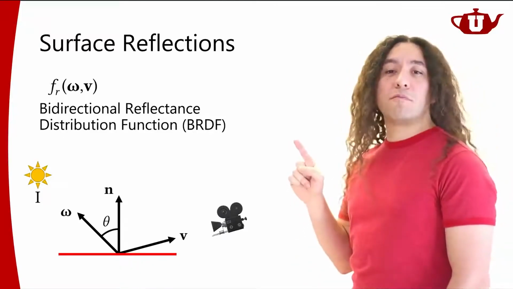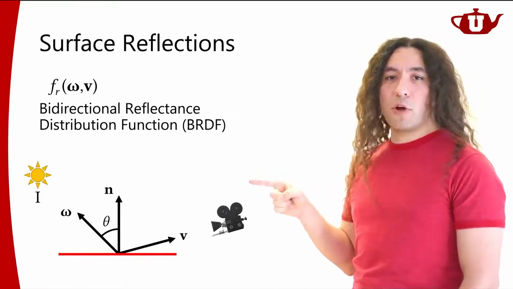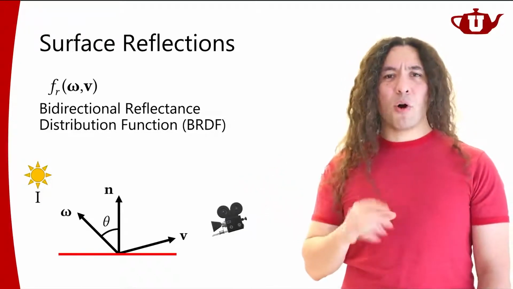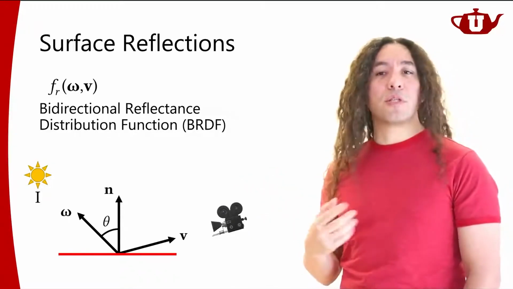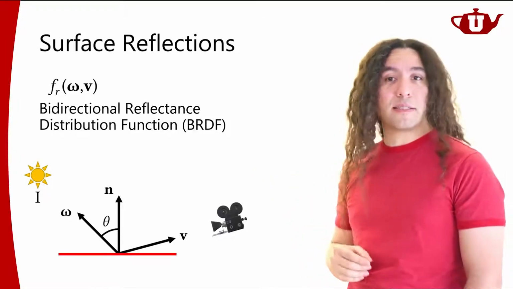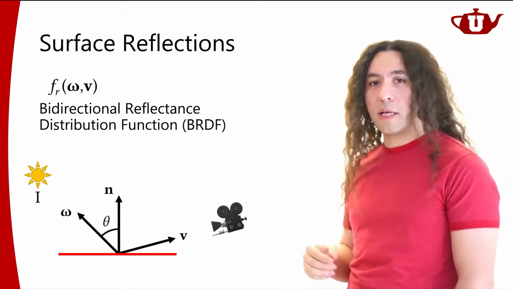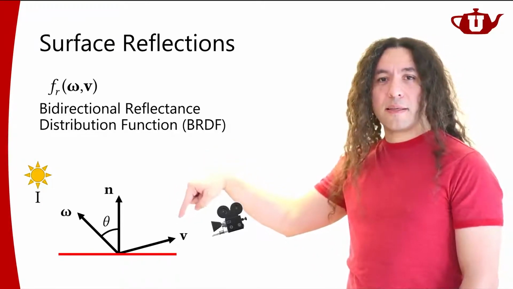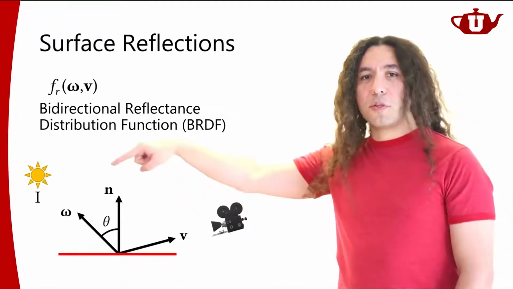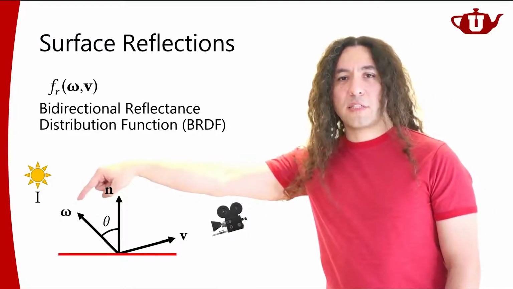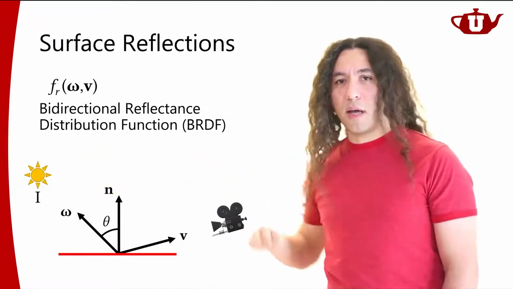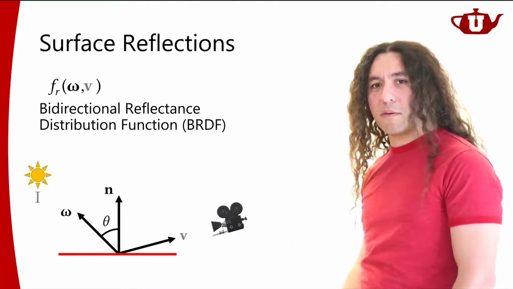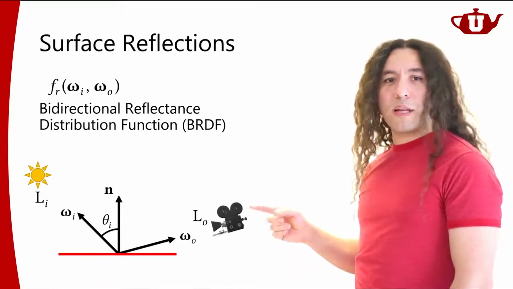Now, I'm going to make some changes to our notation here just a little bit, and make it a little more standard and closer to how Jim Kajiya defined these terms in the rendering equation. So I'm going to replace this term V, and I'm going to change the notation over here. So the notation is changing, same figure, different notation. Are you ready? This is what it looks like. All right.